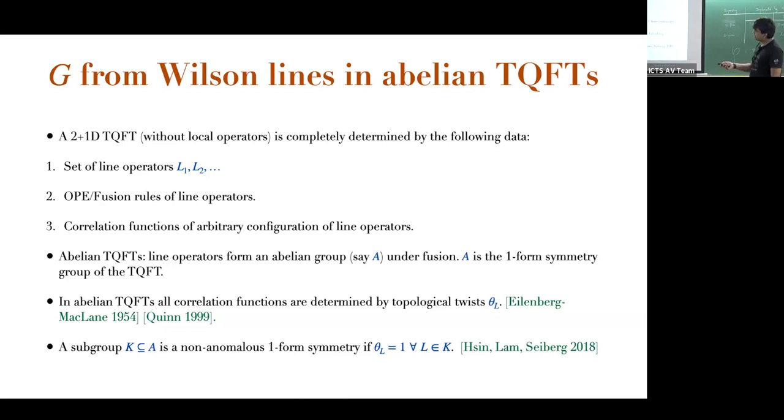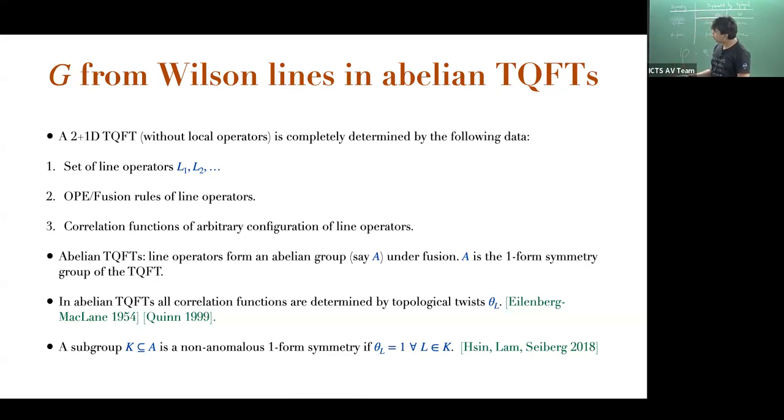Another concept that we will use is that this group A is a group of topological line operators. In 3D we have lines, so it's a one-form symmetry of this TQFT. We can ask questions about whether we can gauge the one-form symmetry, and what the anomaly for this one-form symmetry is.